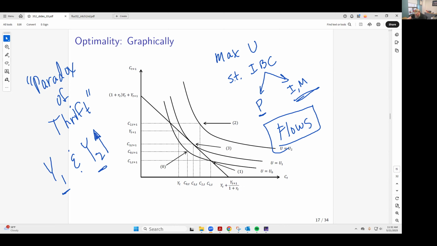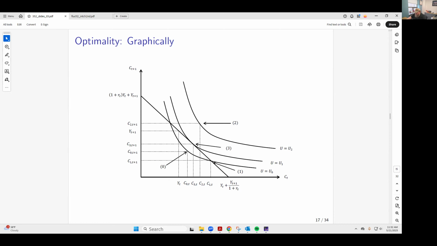So anyway, to review really quickly where we were yesterday, the big thing we learned is that utility maximization is constrained optimization, that these indifference curves all represent levels of utility, and the consumer wants to consume on the highest level of utility that they can, but of course they are constrained in their ability to do so by their budget constraint.